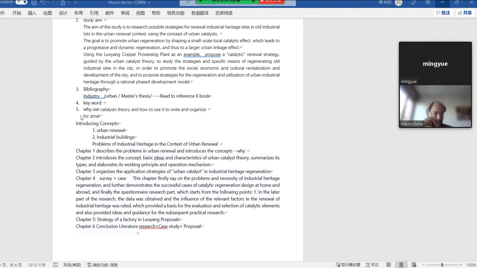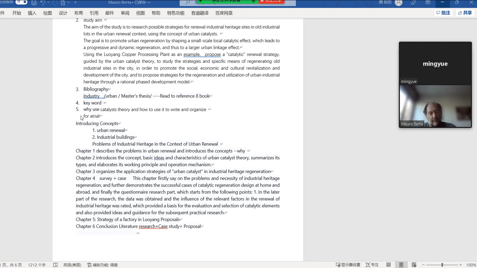So the survey would show what people think about industrial heritage, because maybe a lot of people don't know industrial heritage. They may know the history of old buildings in some cities, but this kind of knowledge about industry is lacking.